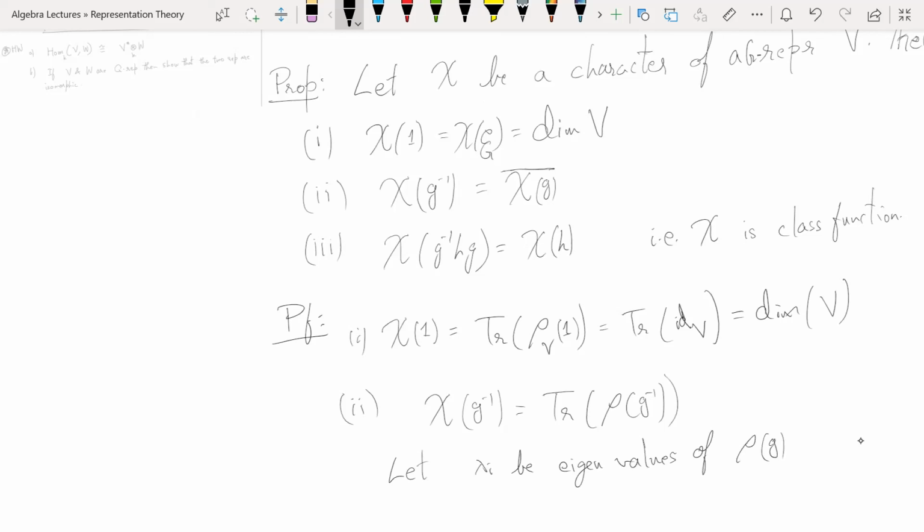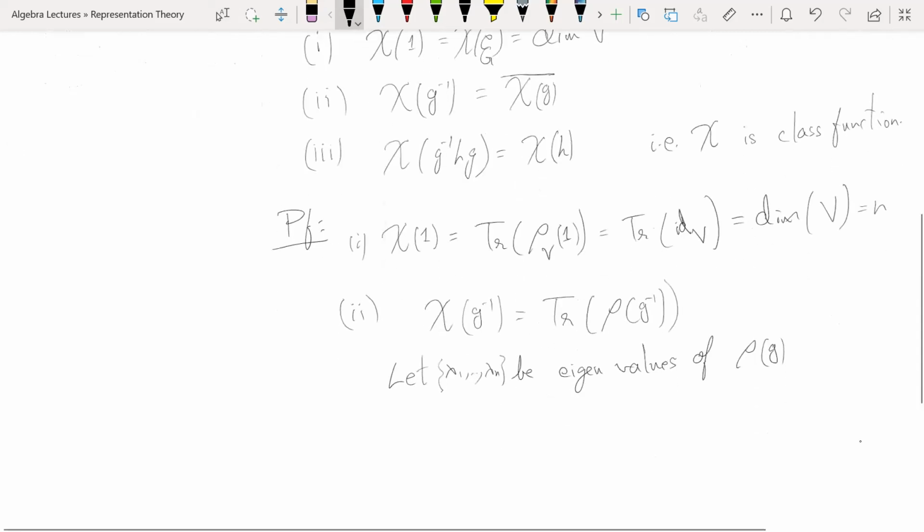It's some matrix, so it will have lambda 1 to lambda n, where the dimension is n. It will have n eigenvalues, possibly repeating. So let lambda 1 to lambda n be the eigenvalues of rho g.